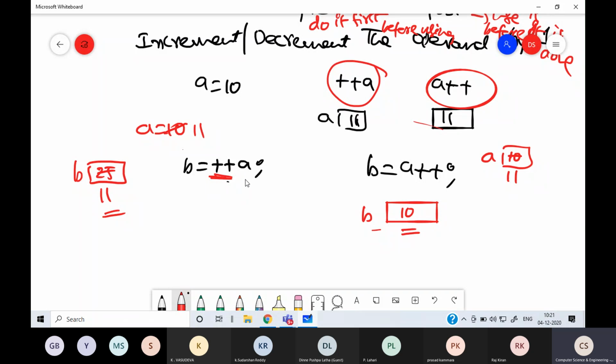But if it is used as part of some other expression, then the difference is: if it is pre, first do the increment or decrement, then use it. If it is post, first use it, then increment or decrement. That is the increment and decrement operation.